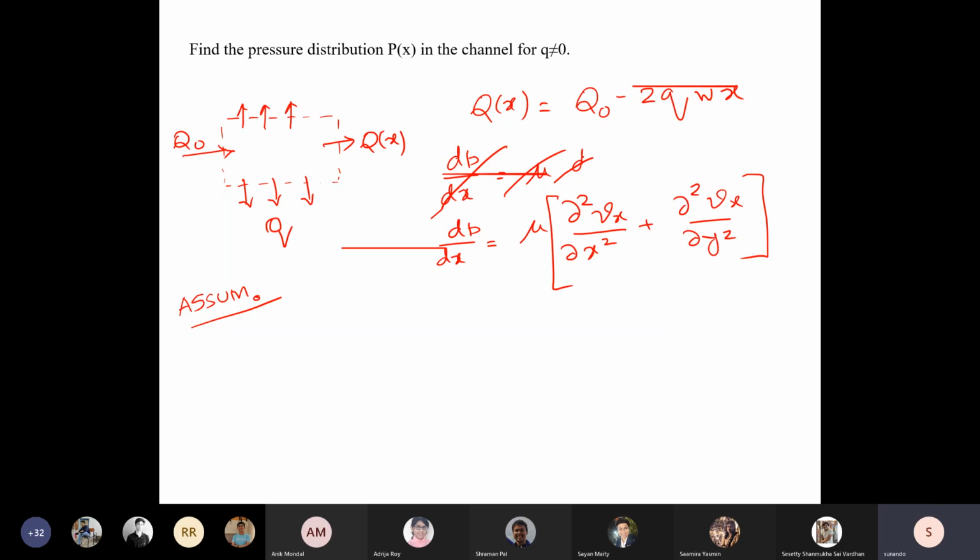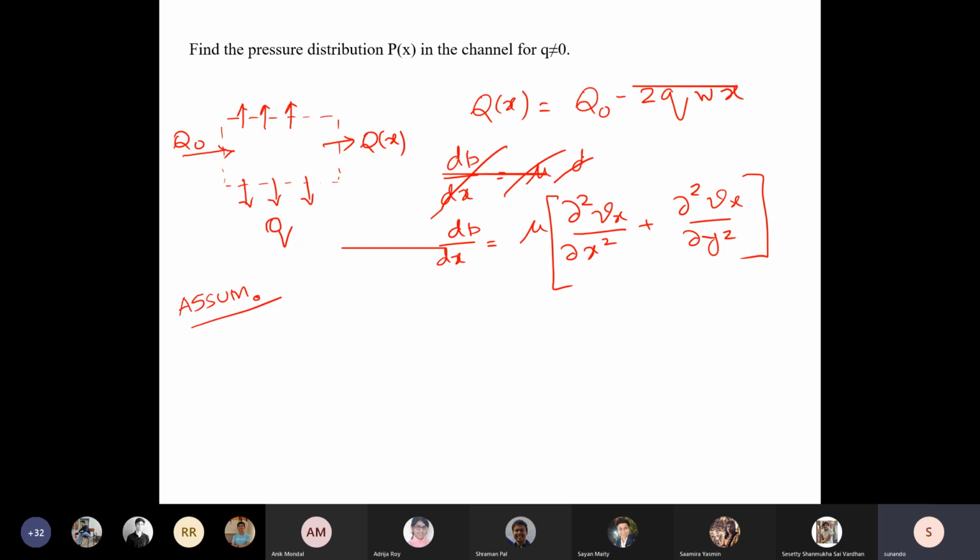Tell me, why would Vx change with x? What is happening that Vx is going to be different at different values of x? Flow rate is changing in the x direction, so that's why my Vx is going to be a function of x.